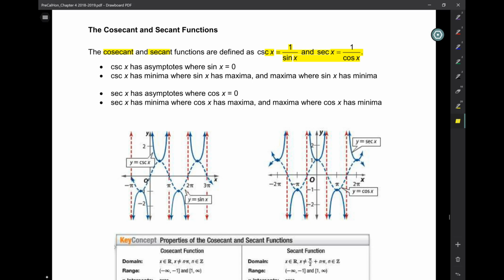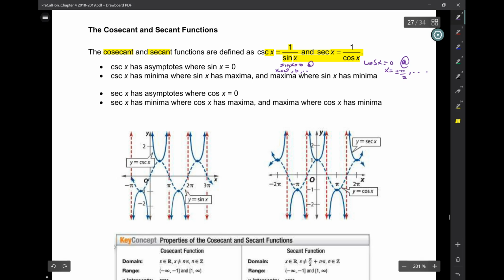Wherever the denominator is 0, you're going to have vertical asymptotes. We just said up there that sine of x is 0 at x equals 0, pi, and so on. Cosine of x is 0 at x equals plus or minus pi over 2, and so on.